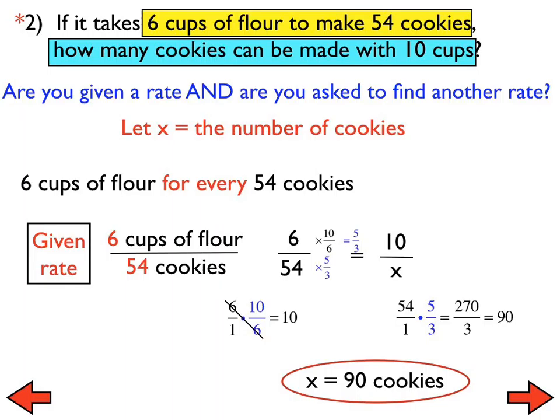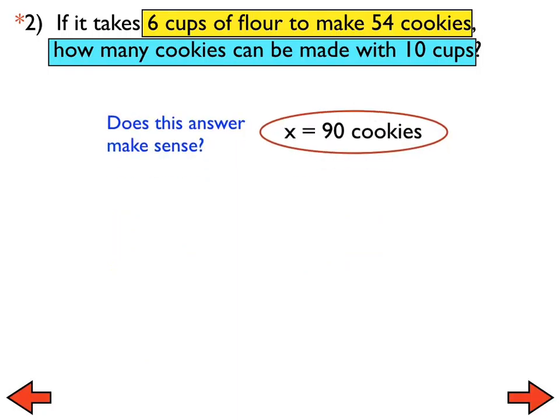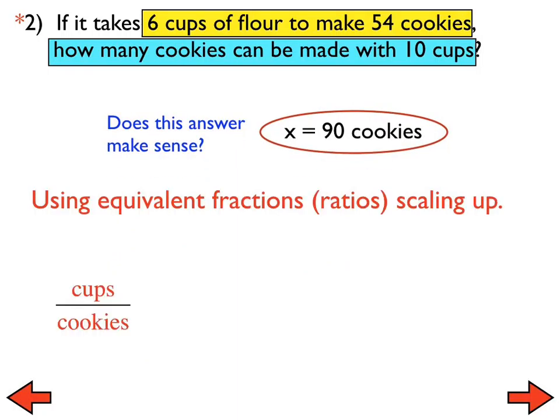We want to make sure that this makes sense. So let's do the scaling again. We started with 6 cups of flour for 54 cookies. I'm going to multiply that times 2 and get 12 over 108. And then my 10 cups fits between there already, so I can stop my scaling. 10 cups is between 6 and 12, so my 90 cookies has to be between 54 and 108.